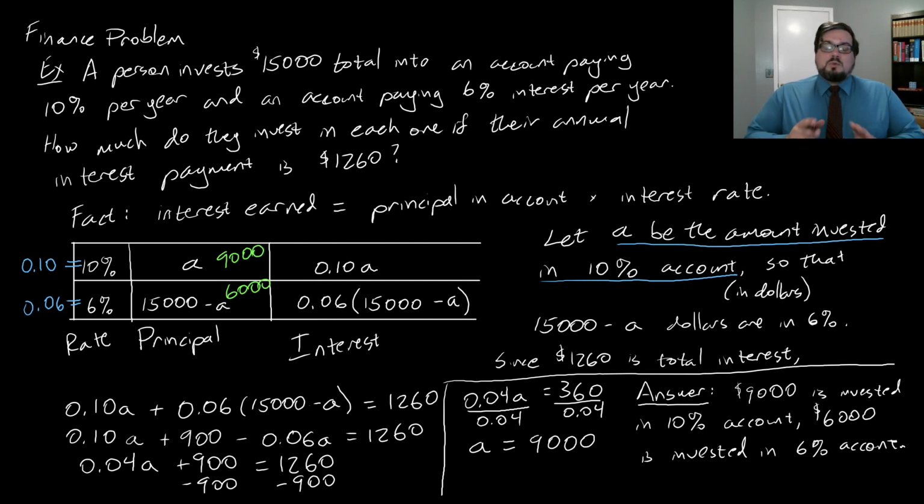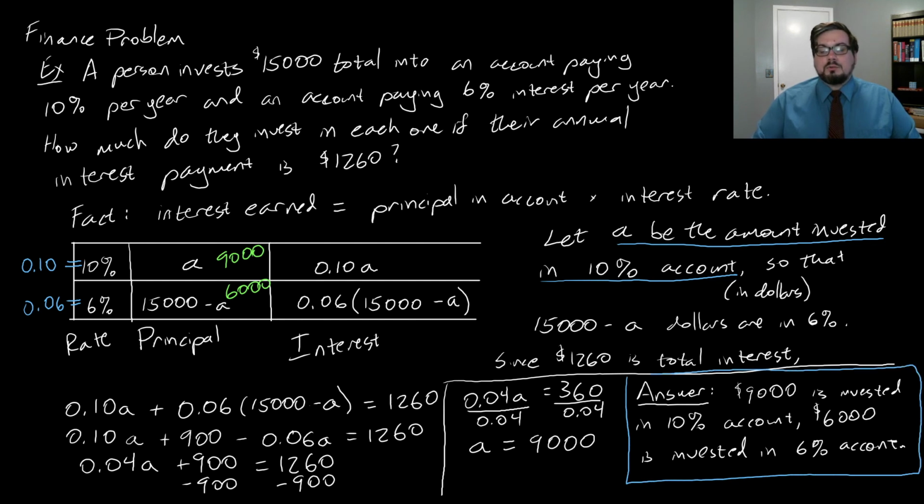Now, you do always want to double check when you get to your answer and make sure that this answer makes sense in the context of the problem. When you're working with real-world problems, usually the answers that you get won't be totally off the wall.